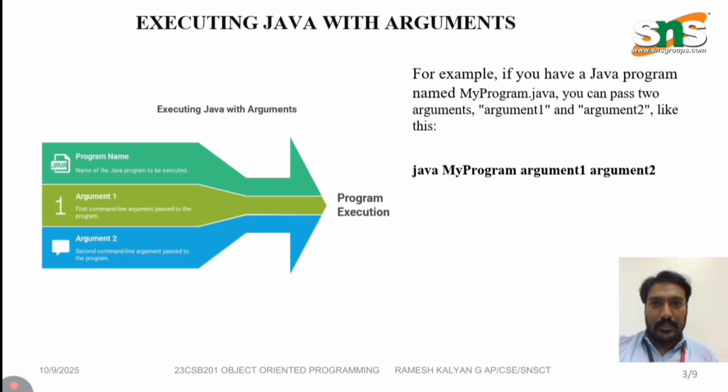In case we need to pass 3 or 4 arguments, we add argument 1 space argument 2 space argument 3 and space argument 4. By this process we can add n number of arguments as needed, without modifying the code. In the example diagram, there is the program name, then argument 1 space argument 2. This is the general syntax or structure of giving an argument.